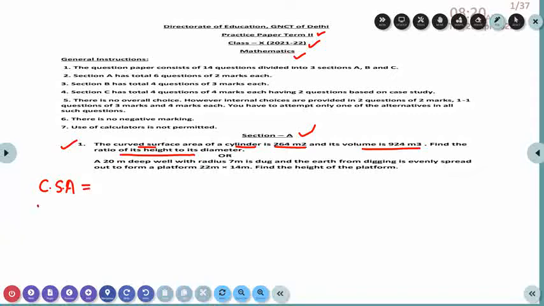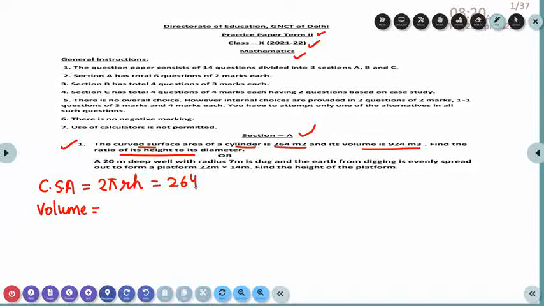So let's see how we are going to solve this question. First of all, we are going to write the expression for CSA of cylinder. Now we know that CSA of cylinder is 2 pi RH. So we write CSA is equal to 2 pi RH, which is given as 264.